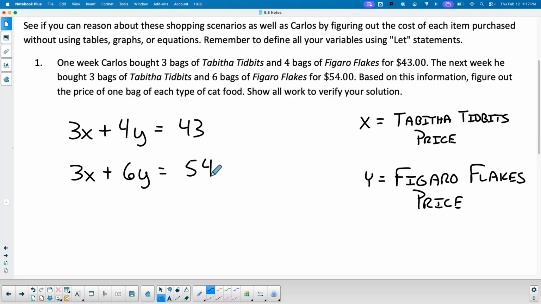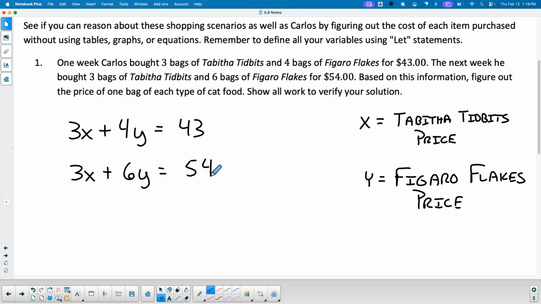Well, can 43 or 4 be divided nicely by 3? No. What about 43 and 3 divided by 4? No, right? Okay. What about 54 divided by 6? Yeah. Okay. 54 divided by 3. So maybe we could do the second one.